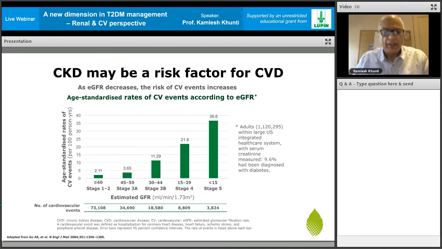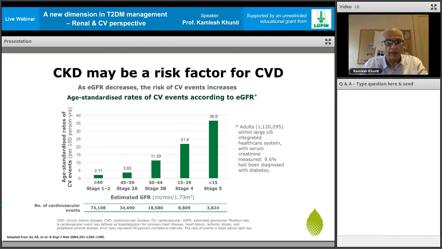Now, some really nice classical epidemiology of the associations of CKD with cardiovascular disease. This shows that as eGFR decreases, the risk of cardiovascular events increases. This is a large US database, looking at eGFR greater than 60. These are age-standardized rates of cardiovascular events per 100 person-years. So 2 per 100 person-years if they have stage 1 to 2, 4 per 100 person-years at stage 3.